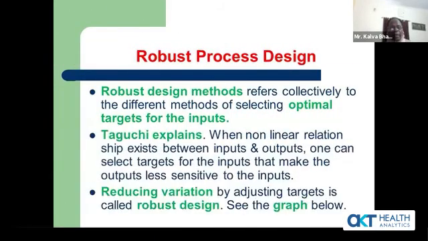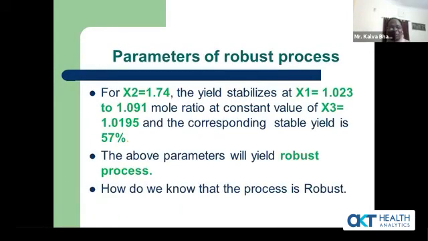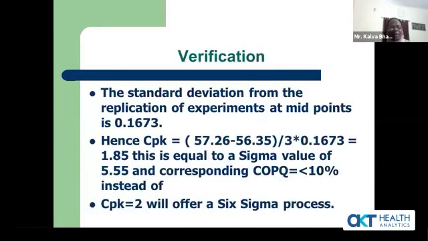Now we are again confirming whether robustness is achieved or not mathematically. Okay. For that we have calculated the CPK. CPK has come to 1.85, which is equivalent to a 5.55 sigma level. And the CPK highest level is 2.